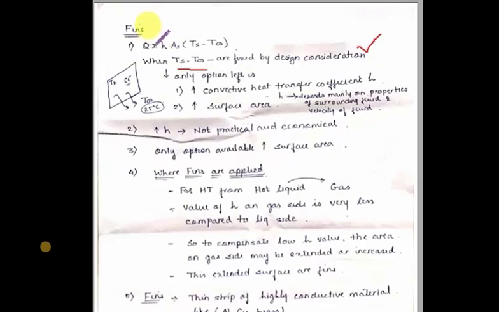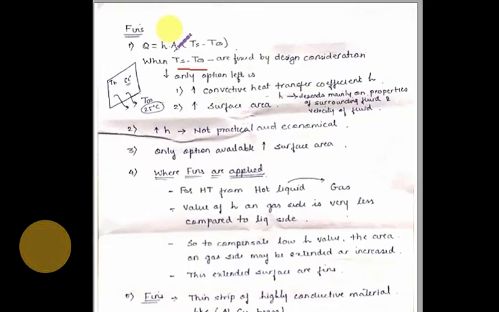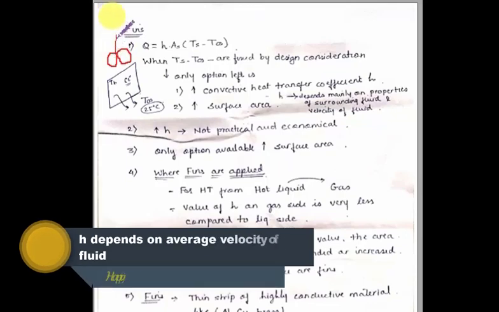If h increases, automatically Q will increase. So h is nothing but the convective heat transfer coefficient. Now is it possible to increase the h? Yes, we can increase the h. For example, if I install a fan over here on this plate, what will happen?